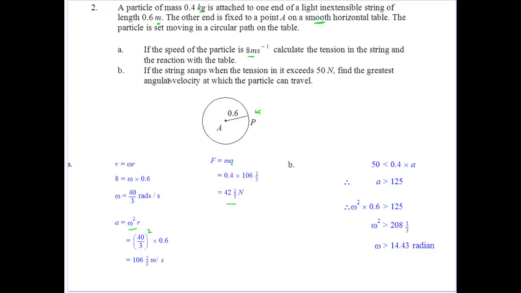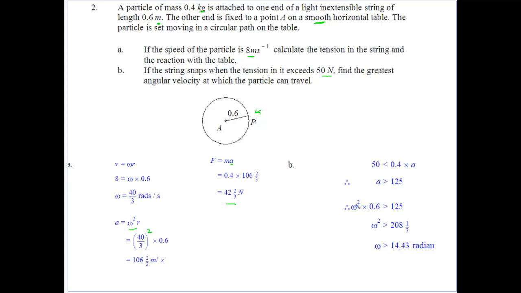Now, part B says if the string snaps if the tension exceeds 50 newtons, find the greatest angular velocity at which the particle can travel. So we need to find omega. Basically, it means that 0.4 times the acceleration must be less than or equal to 50. So the largest acceleration we can have is 125 meters per second squared.